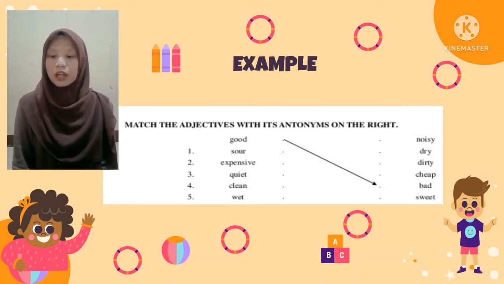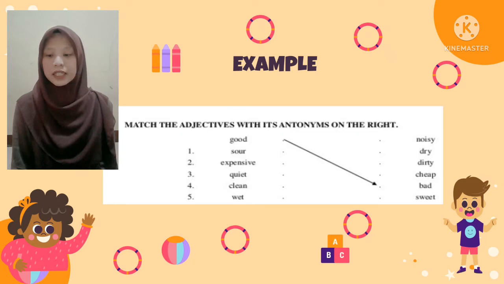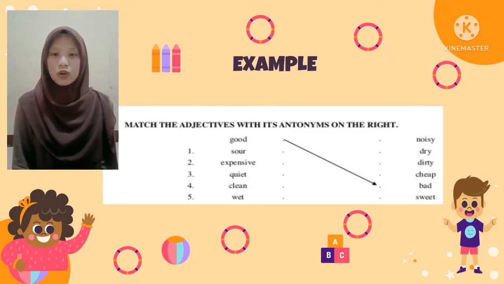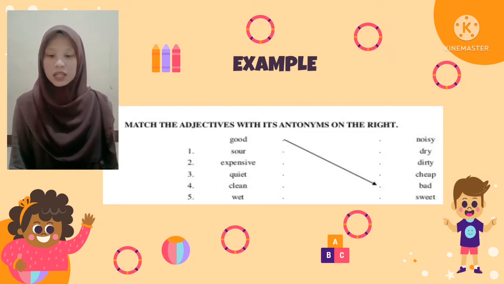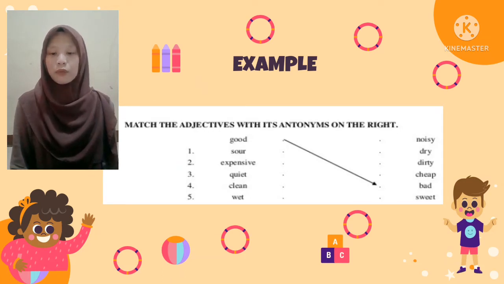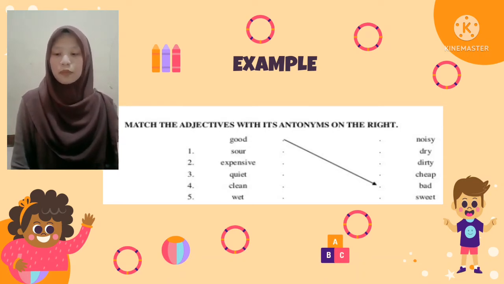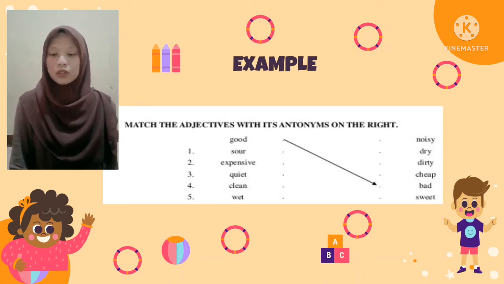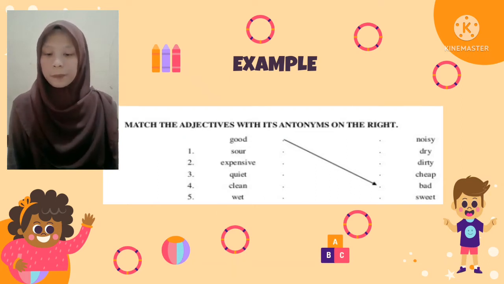And the left column has noisy, dry, dirty, cheap, bad, and sweet. For the answer, we have to make a line from the right column to the left column. So, look at the picture.